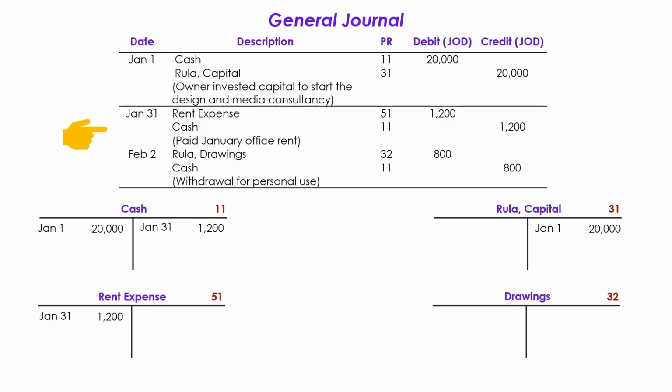Finally, on February 2nd, there was a withdrawal for personal use. We debit drawings and credit cash. Posting means 800 dinars goes to the drawings account on the debit side and 800 dinars goes to the cash on the credit side. So as you can see, posting is all about organizing your financial story by account.